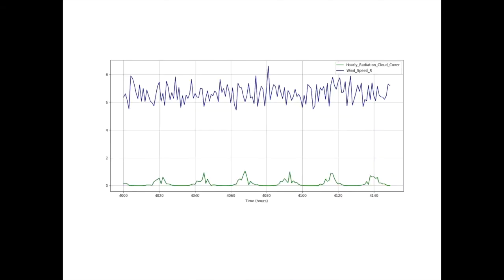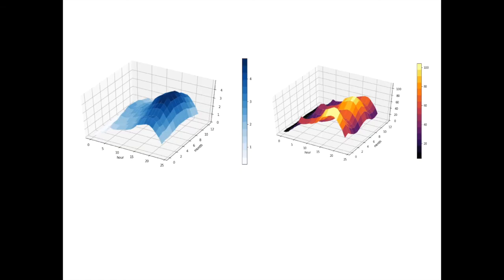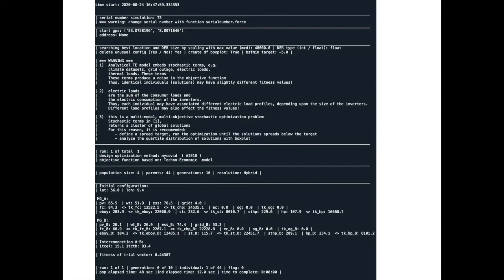The model computes each time step stochastic climate equations to predict energy available from renewables, calculate cost and energy flows of each distributed energy resource, thermal and electric stochastic loads, and then returns the fitness value of each configuration trial. Parallel evolutionary optimization and machine learning techniques are used to solve the multi-objective stochastic problem.